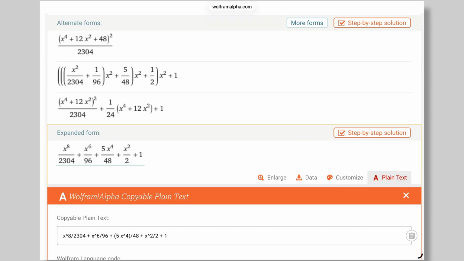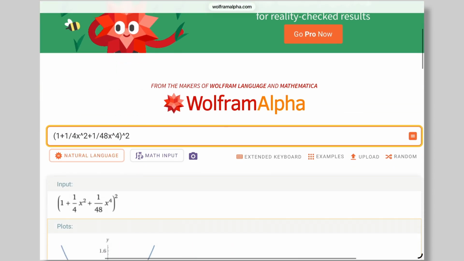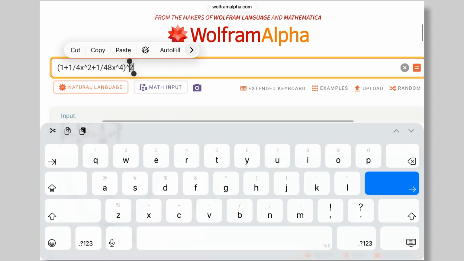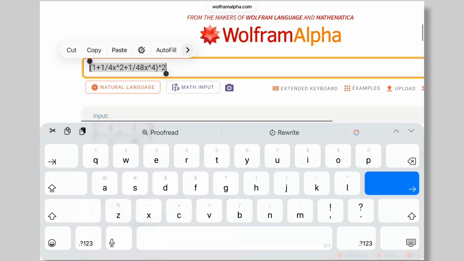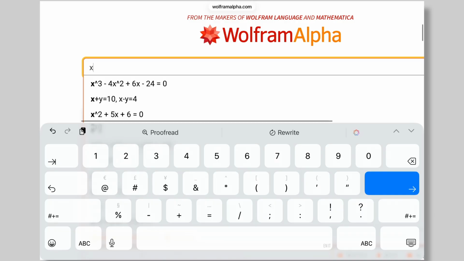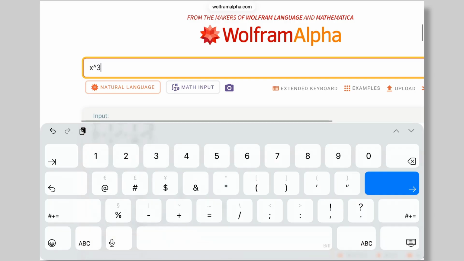You just tap on where it says copyable plain text. And then back up here to the bar. Remember, we need to multiply x cubed times all of that. So I'm going to paste from what we just copied.